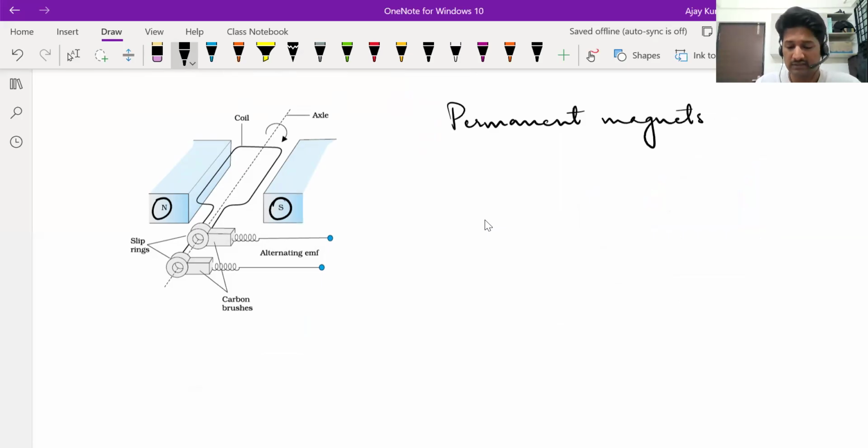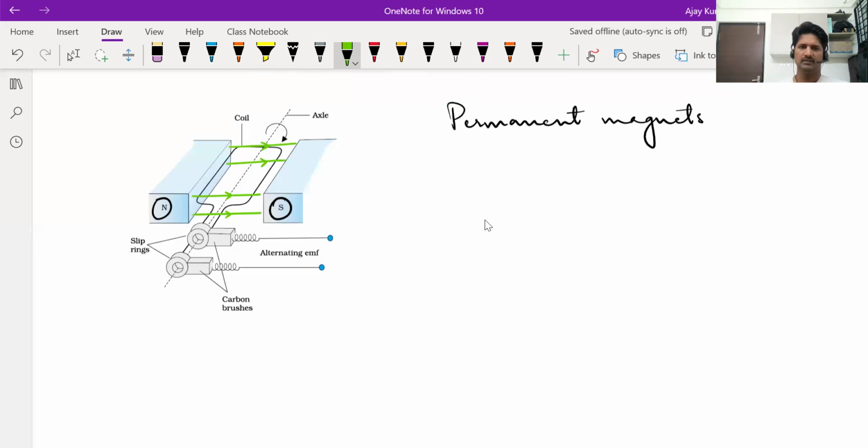What is their purpose? Their purpose is to produce a magnetic field. From north to south, you will have magnetic field like this inside the generator.